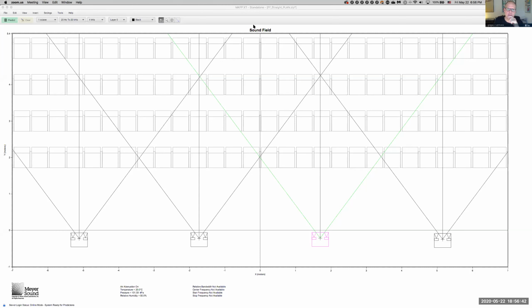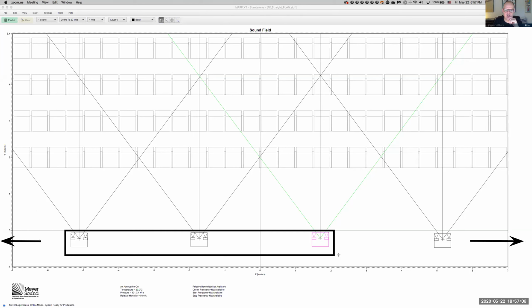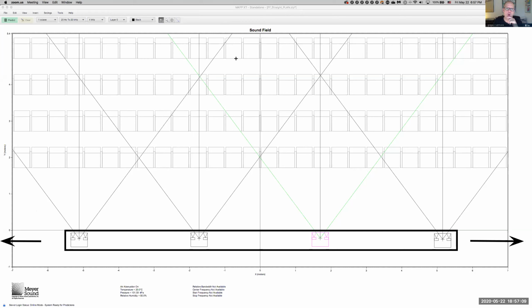We know that most likely somewhere off screen, over here, there is house left, and over here, sooner or later, there's house right, off screen, main PA. And now we have several options to choose from, which is okay. If we use one delay for all 4 front fills, so all 4 front fills receiving the same electronic delay, what is preserved?